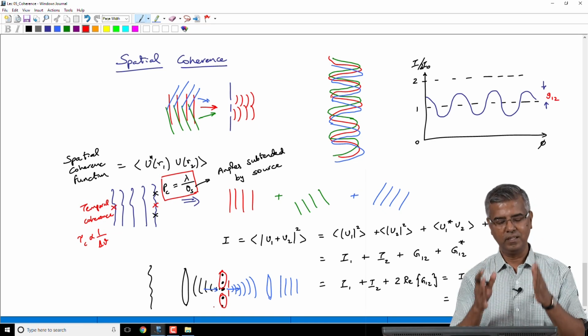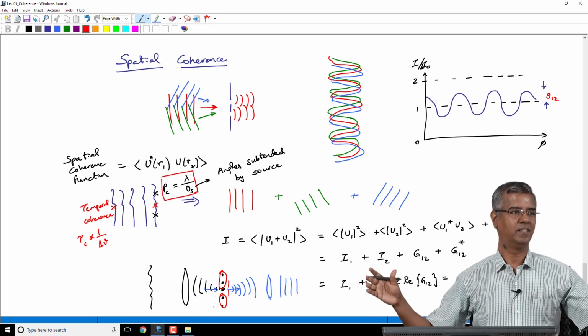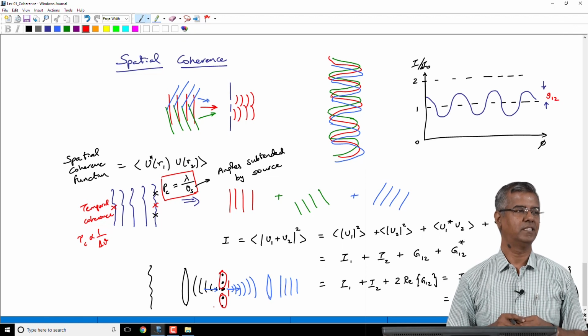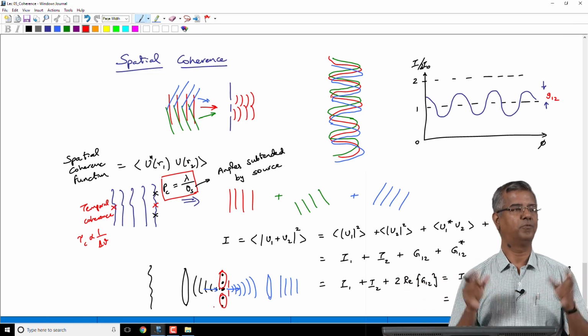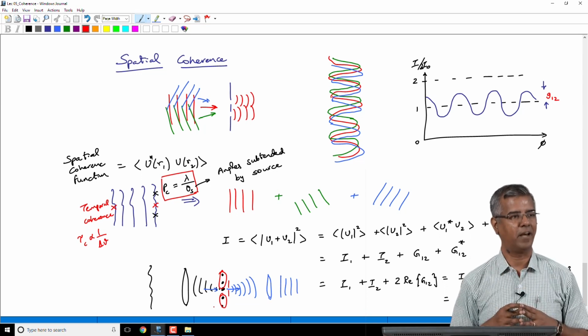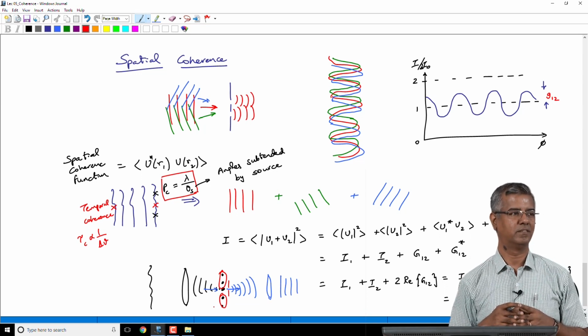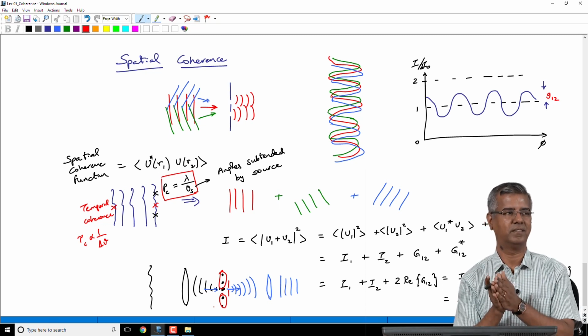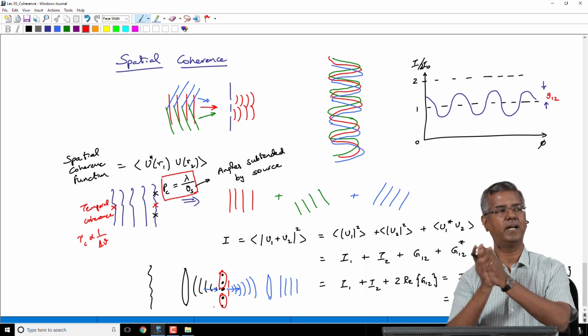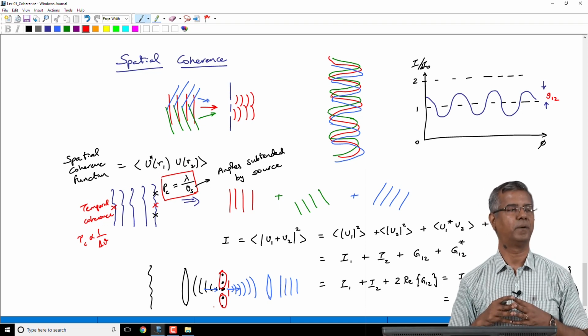All I do is, I have all these multiple frequencies, I put a filter and I get only one frequency out, or only a very narrow band of frequencies out, okay. And when you look at that narrow band of frequency, that is going to be temporally coherent.